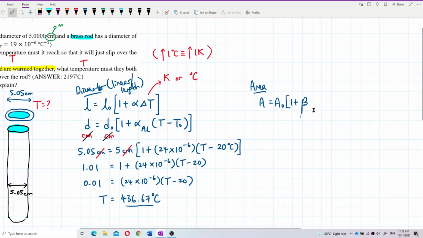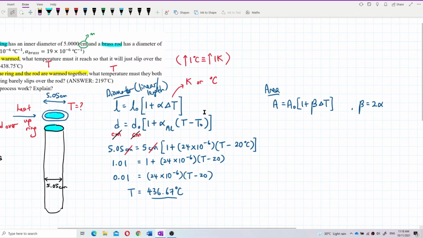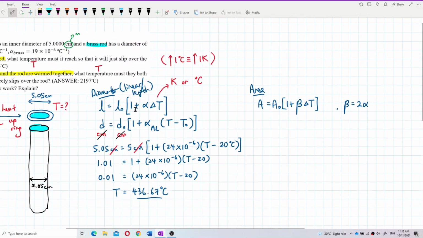If area, we use beta. And be mindful that beta is actually 2 times alpha, 2 times the coefficient of linear expansion.